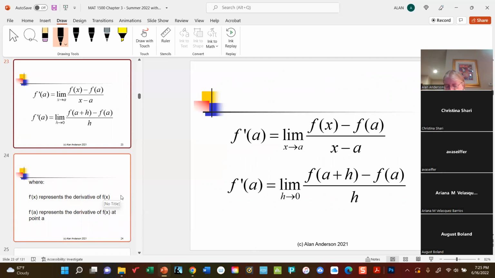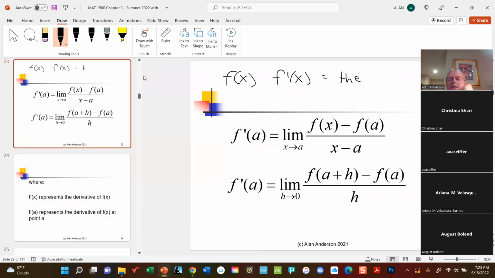I just want to point out as a point of notation, for a function f of x, f prime of x equals the derivative of x. And there are different ways of writing this, by the way. This can also be written as dy dx.